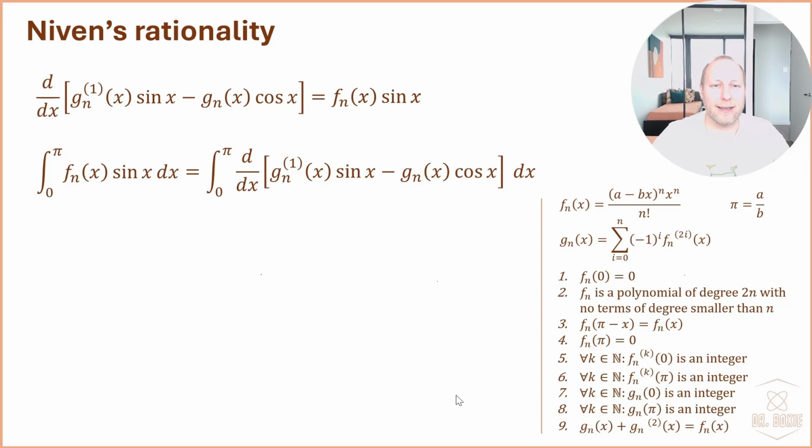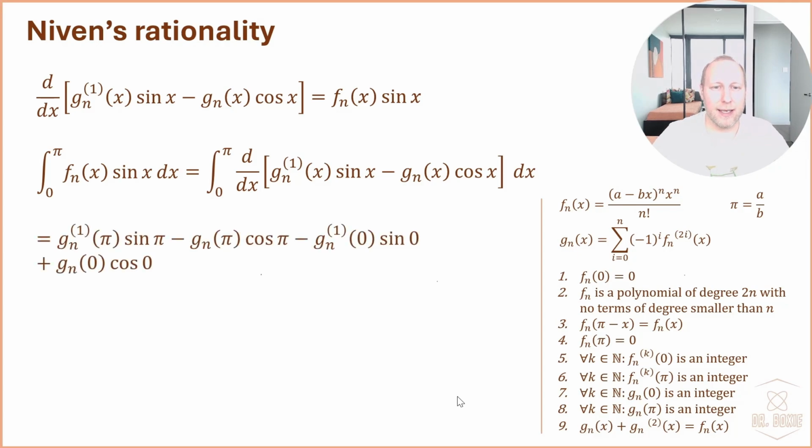So when we evaluate it at pi, we get the first derivative of gn at pi times sine of pi minus gn at pi multiplied with cosine of pi, minus that expression again evaluated at 0. So the first derivative of g at 0 times sine of 0, and then minus minus, so plus gn evaluated at 0 times the cosine of 0.